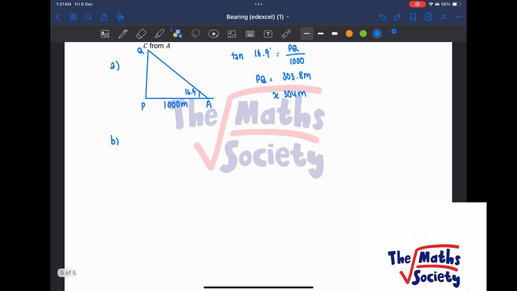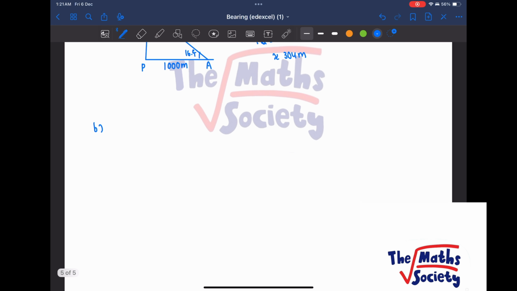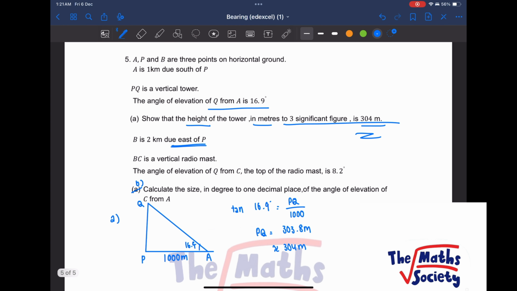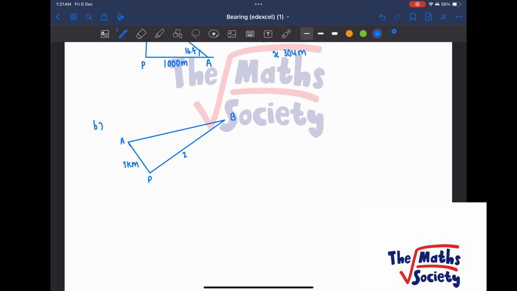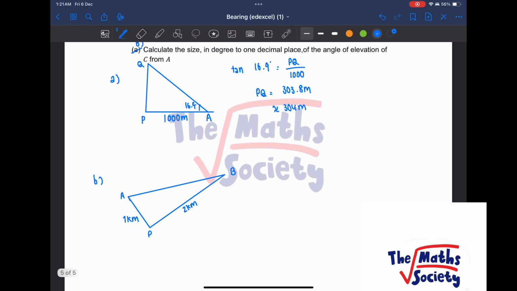So we have A, P and B. Then we know that AP is 1 kilometer as well. And B is due east of P at 2 kilometers. So we know that it is 2 kilometers, and we know that this is 90 degrees.